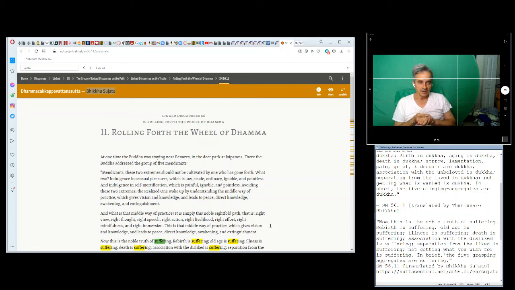In here it says in short. Here it says in brief. That's no big deal. In this one, the five clinging aggregates are dukkha, but in this one, the five grasping aggregates are suffering. That's no big deal.